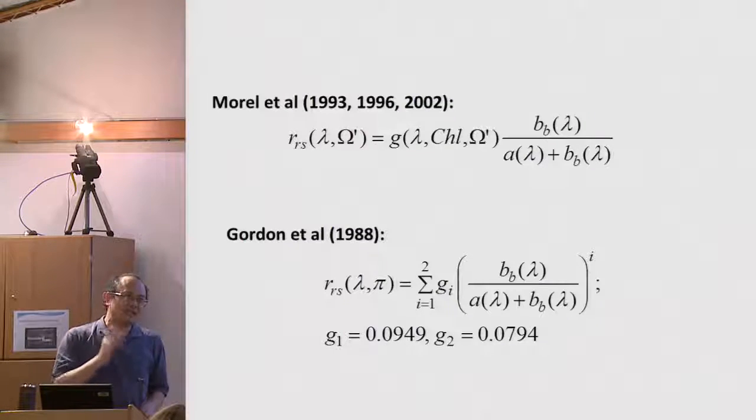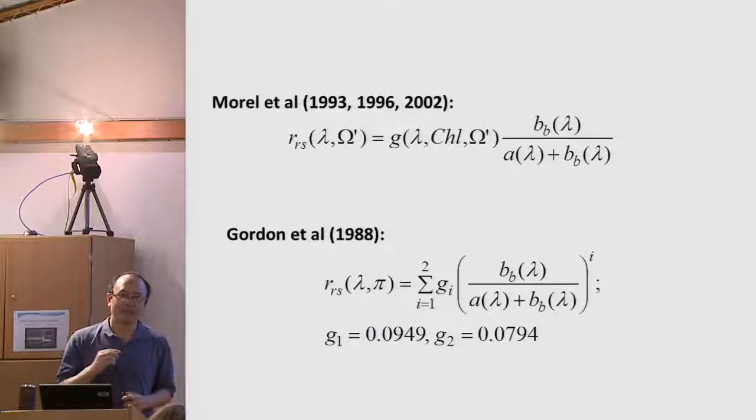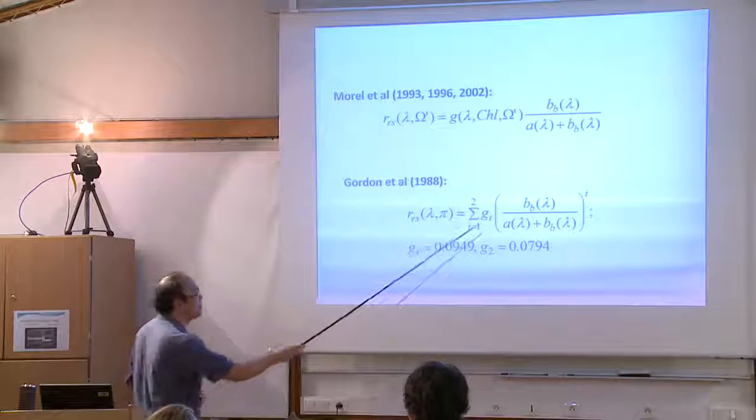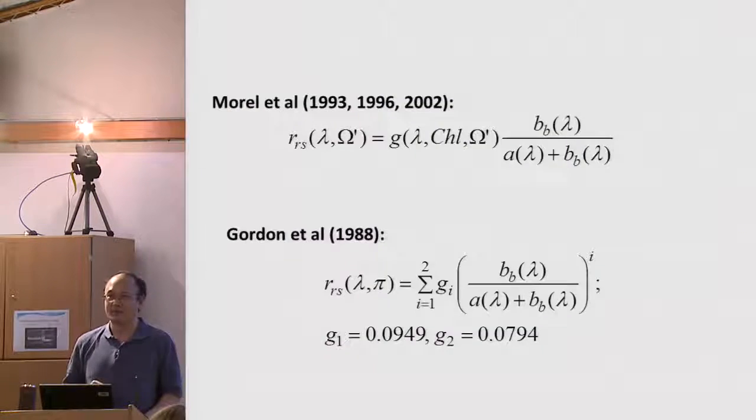From all of these expressions, there's one general concept. What's that? Remote sensing reflectance is a function of bb over a plus bb. No matter whether it's a power of 4, a power of 2, or two terms, it's bb over a plus bb. There's no b there. So that's a fundamental limitation or feature of remote sensing.